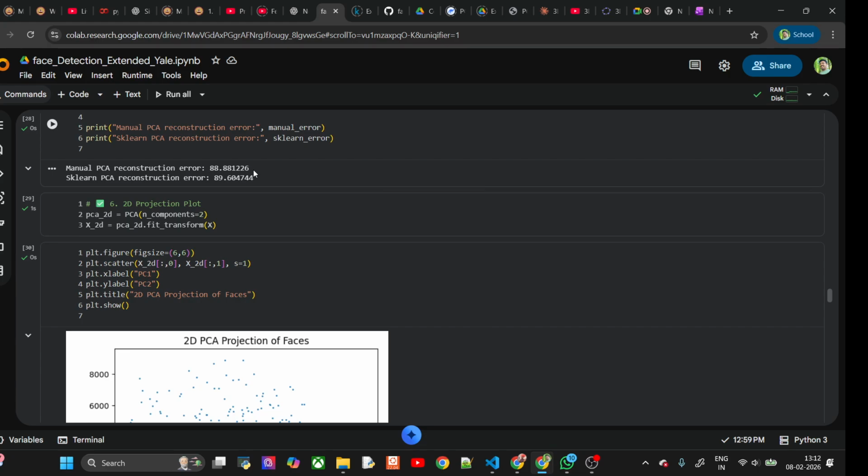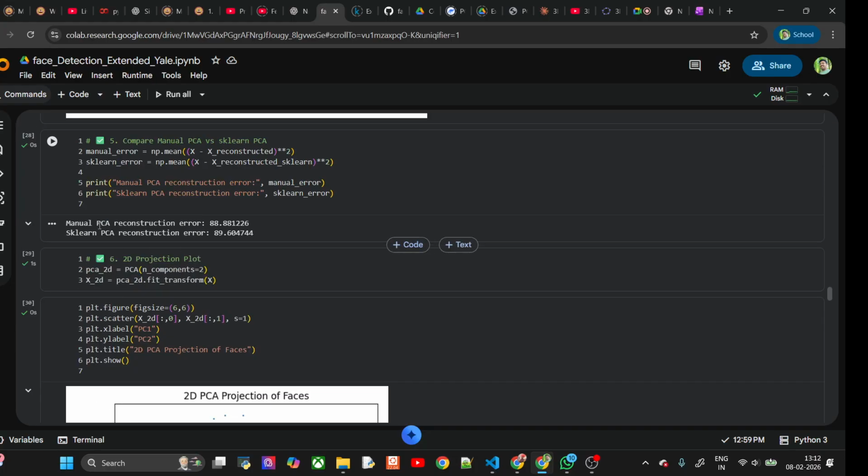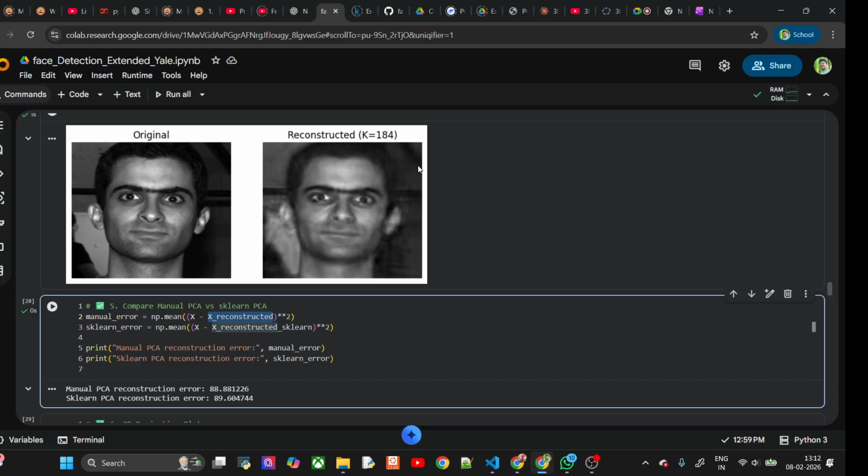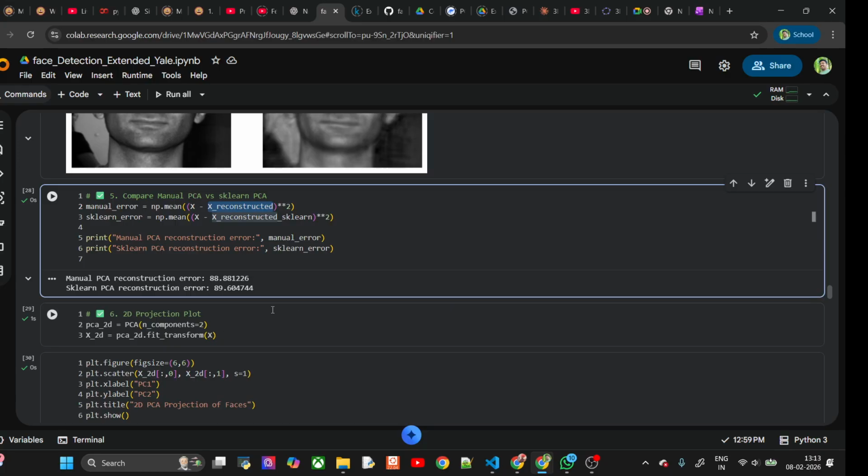With the manual PCA, you have to check the reconstruction error. For the manual calculation it is 88.881912. Comparing the reconstructed image with the original image, they won't be exactly the same because they are already compressed. The mean square error with scikit-learn is 89.60, so it's more or less similar, with a difference of about 0.2. That means they are calculating the same way and getting the output.